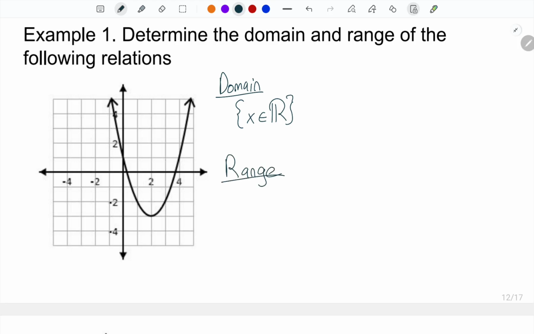And the range is all the possible y values. So for the range, you're looking vertically. So you can think of, where do I start vertically, where do I end, going from the bottom up, let's say. And if we're looking vertically, well, we can see we have a minimum of -3.